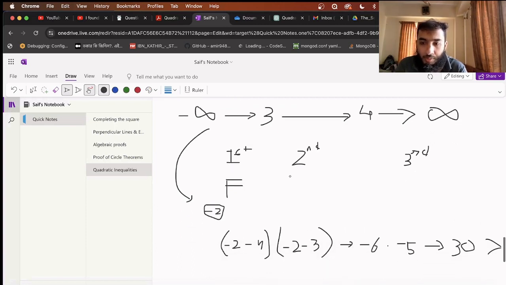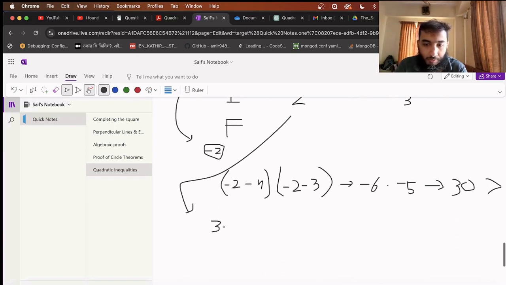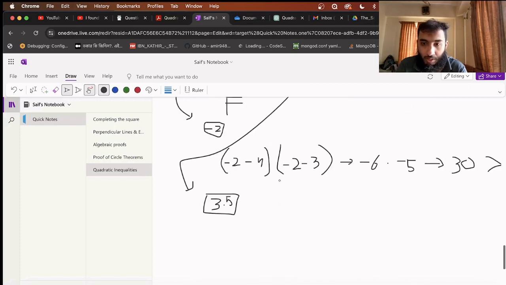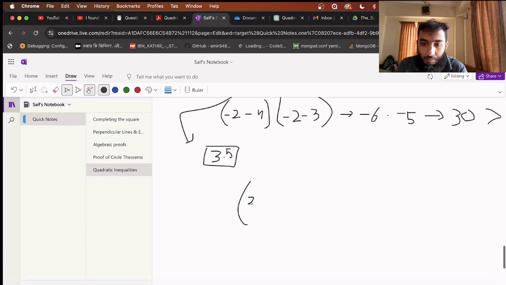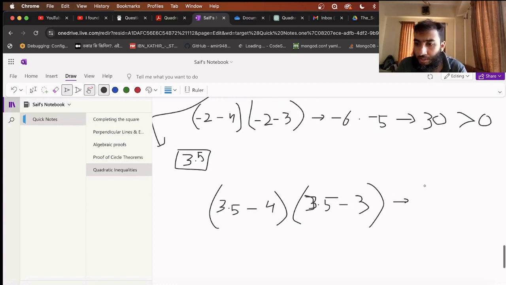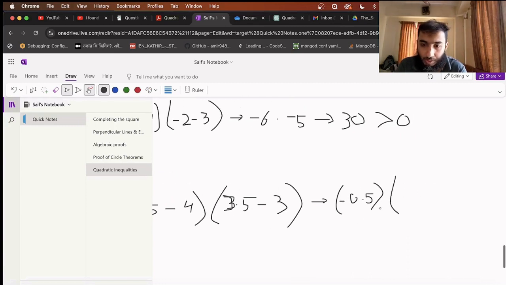So let's take a value from the second interval. What is between 3 and 4? Let's say 3.5. If you use the value of 3.5 in the inequality, what is the result? 3.5 minus 4 multiplied by 3.5 minus 3. 3.5 minus 4 is minus 0.5, and 3.5 minus 3 is 0.5.